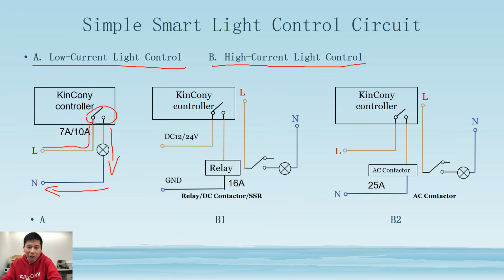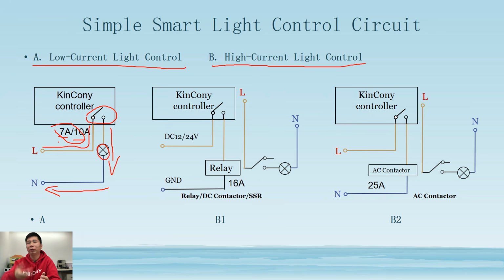This relay will usually be 7 ampere or 10 ampere, so it is a small current. Make sure your lamp's current is smaller than this value. For example, if you use a 7 ampere relay, I suggest your light be smaller than 3 ampere.